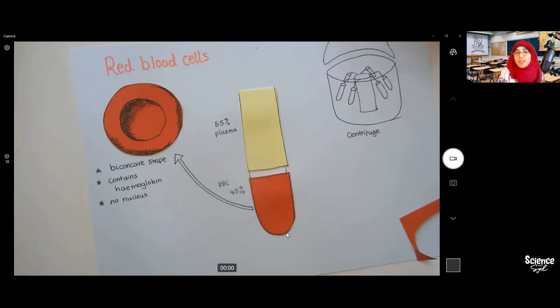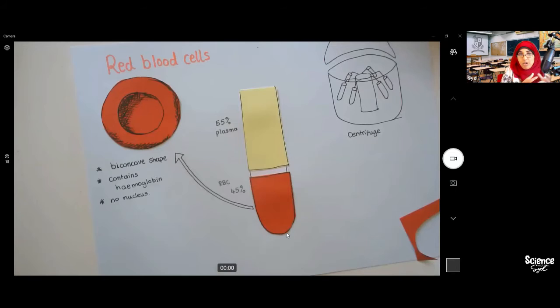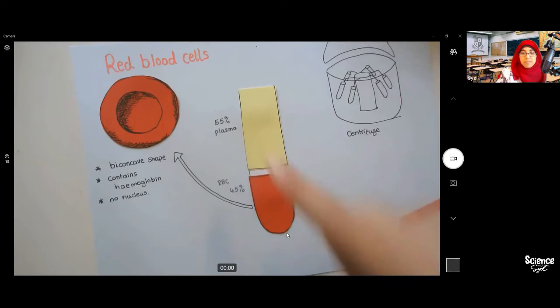Okay, it also carries waste products. So it carries carbon dioxide. So these red blood cells are carrying the oxygen around our body. And then when the blood travels to different parts of our body, the carbon dioxide that's produced by our cells gets carried back to our lungs in the plasma.